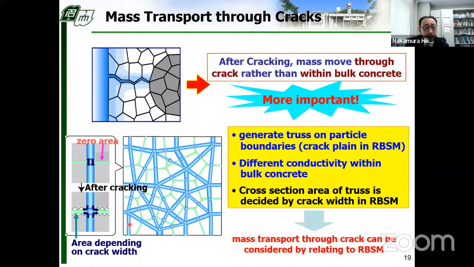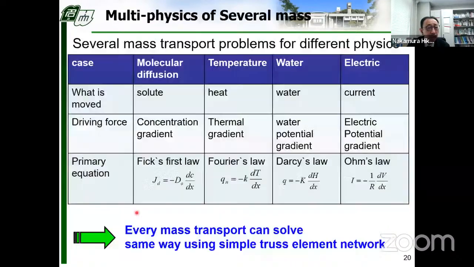He explained the transportation problem applied in RBSM. Then I got a new idea of how to consider the crack plane in combination with mass transportation through the crack. So thank you for your very nice lectures.